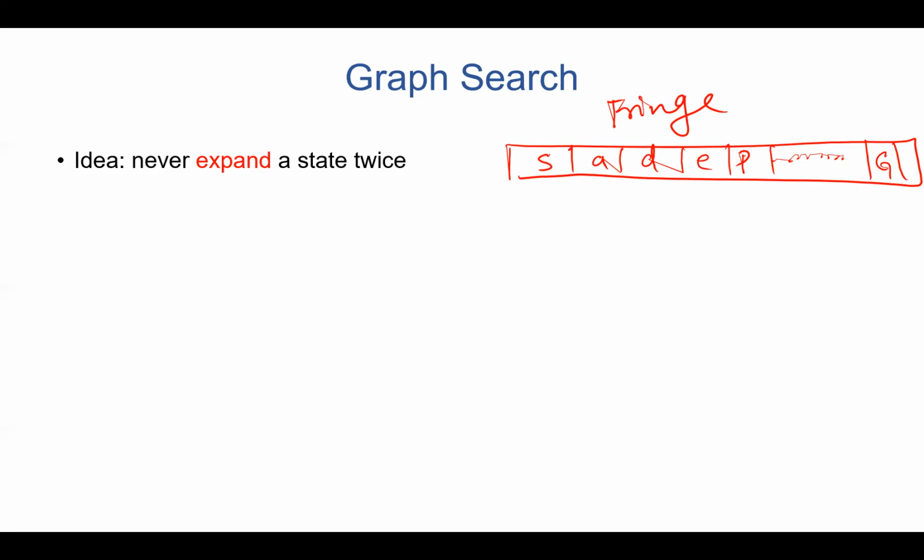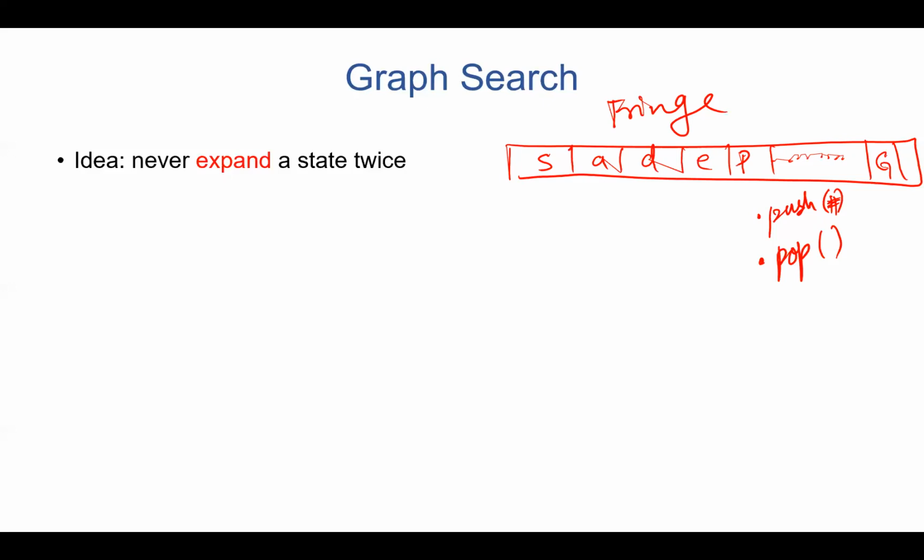Now all we're doing is fringe dot push, fringe dot pop, etc. From the code perspective, can you think of how we can implement something that will find out whether we have already expanded the current node where we are at, or have already visited this node?